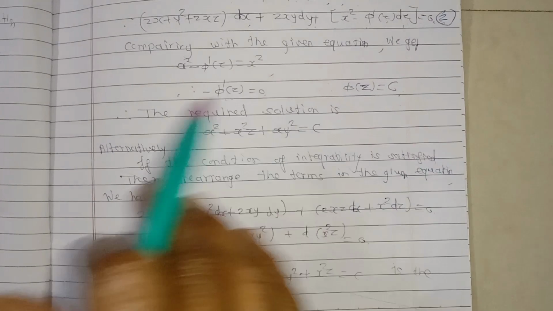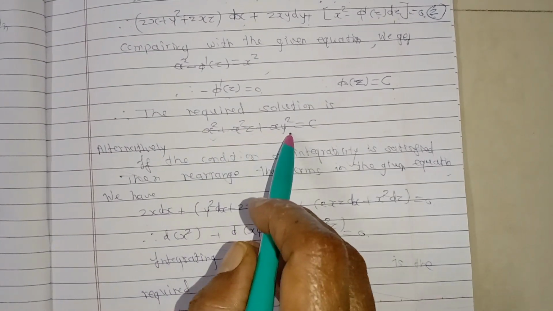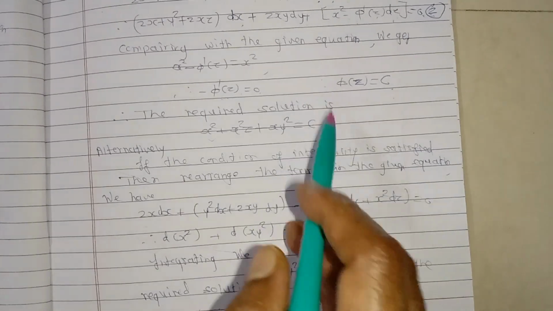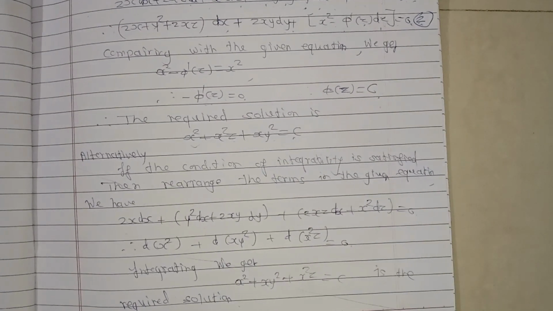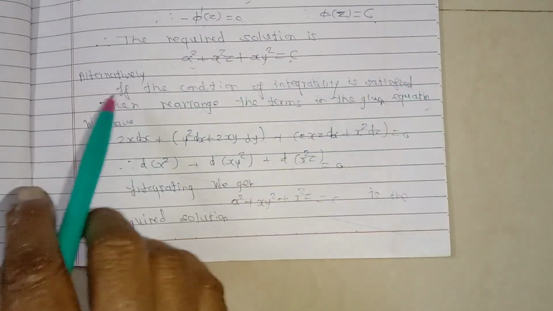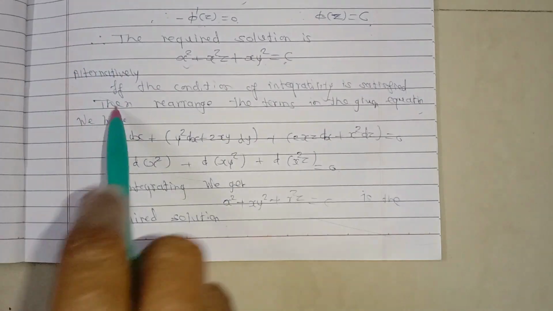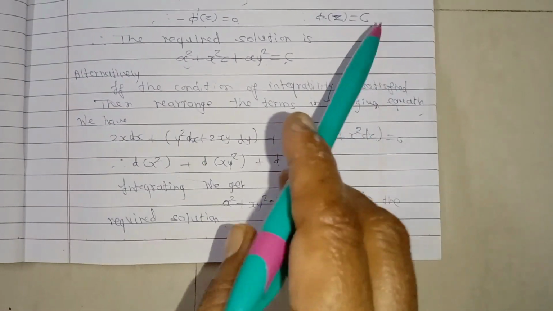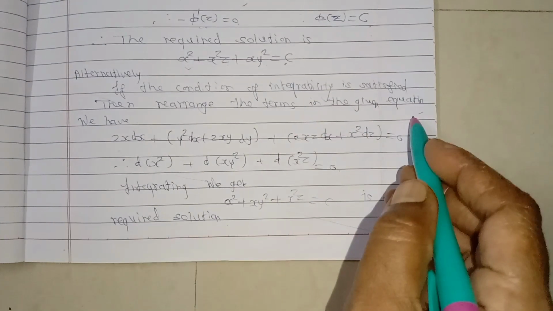So the solution of this equation is x square plus x square z plus xy square equal to phi of z, that is c. Alternatively, the given equation can be solved in another way. First we check the condition of integrability, that is, determinant equal to 0.